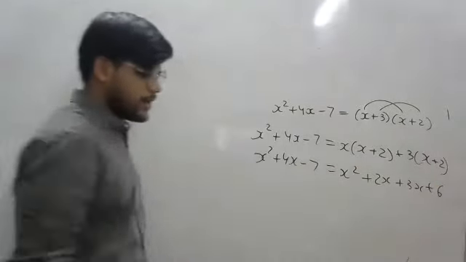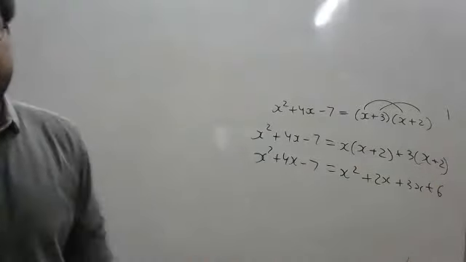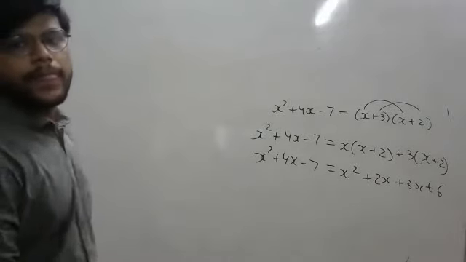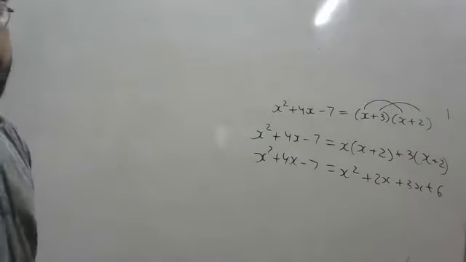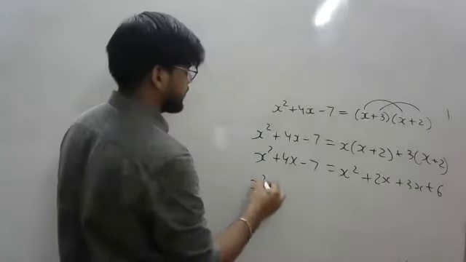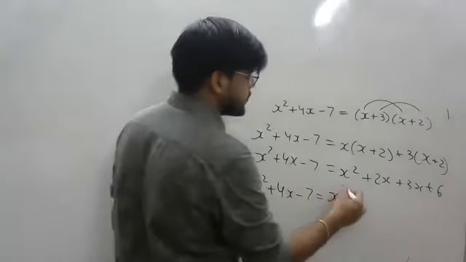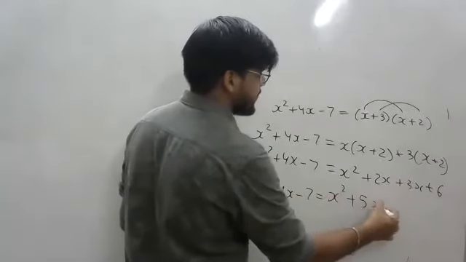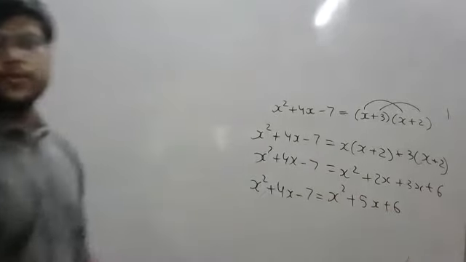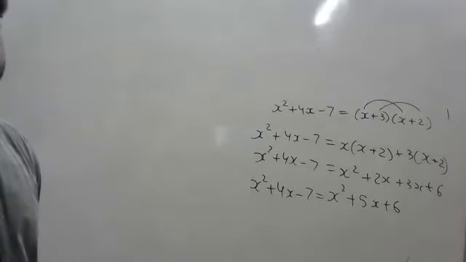I hope you are thorough with this type of multiplication. On the right hand side, it will be x square plus 5x plus 6.